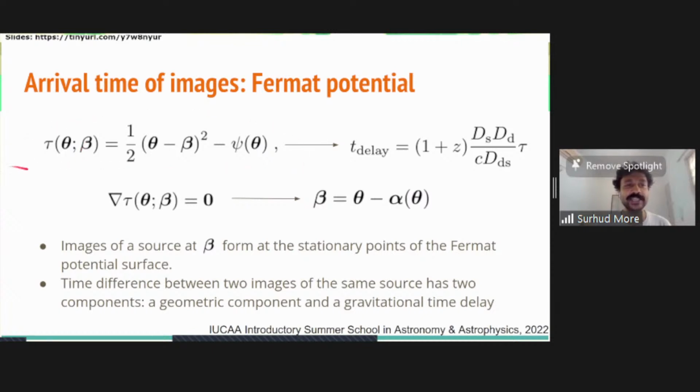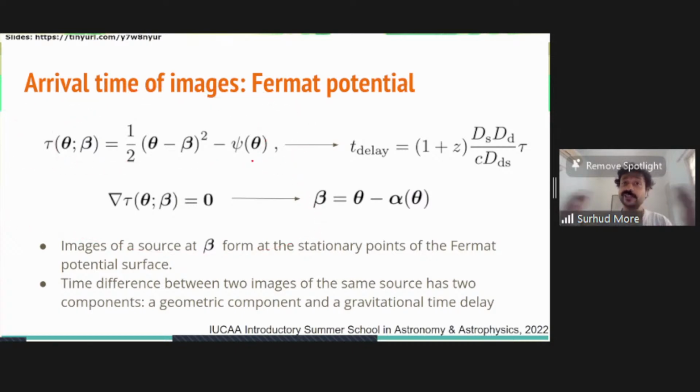Because what it's telling you is for a given value of beta, you can write down for all possible values of theta, what is the time delay between the unperturbed path that light can take, and if it had gone to some other theta location and come to you. So if that source had formed an image at particular theta, what would its time delay be with respect to the unperturbed light? That is what this time delay equation, the Fermat potential, is telling.